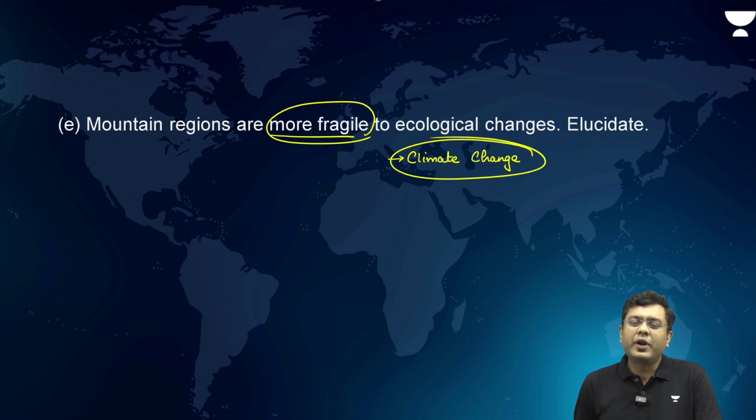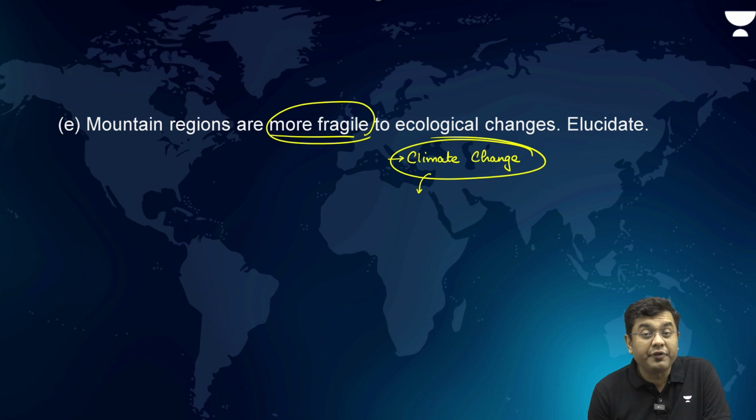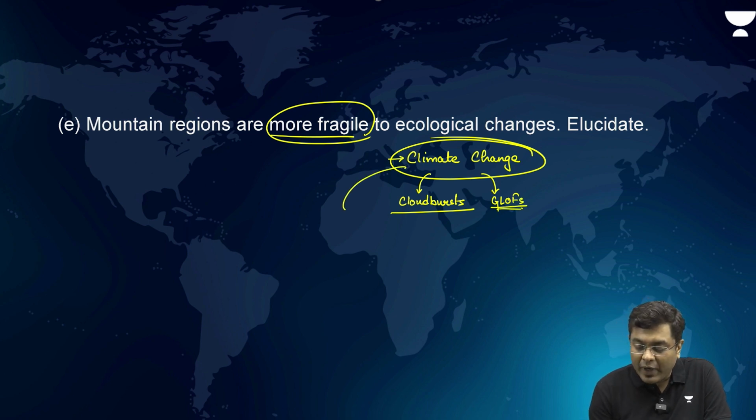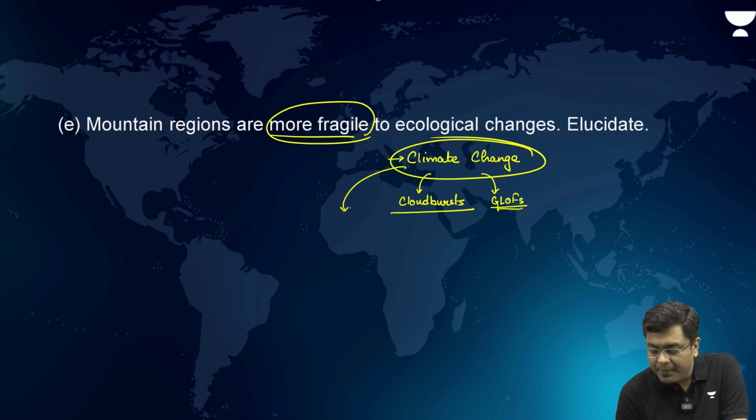So, owing to climate change, you have various events. For example, you have the increased amount of events such as cloudbursts, right? You have events such as GLOFs, they occur. Then you have creation of dry land formation.